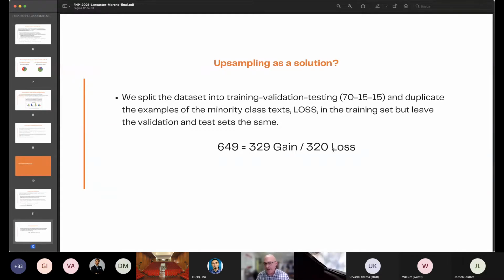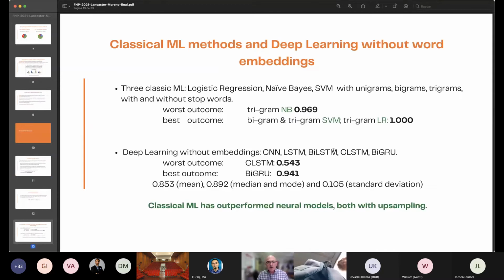With this upsampling, we use classical and deep learning without word embeddings. And the best results were obtained by the SVM and logistic regression. Perfect.